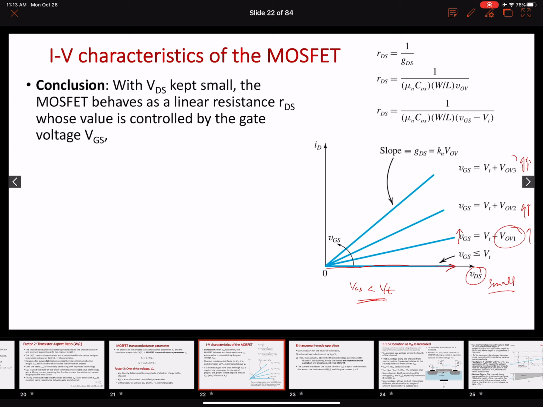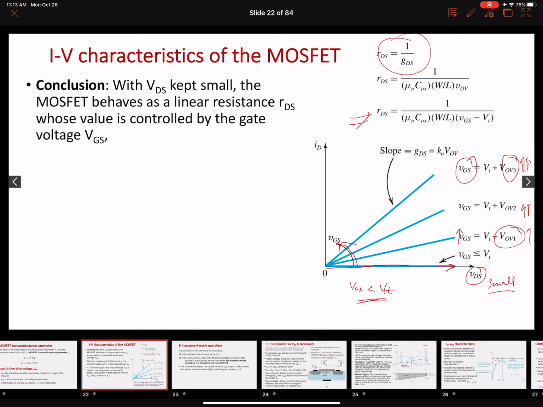Increasing the overdrive voltage will increase the conductance of the channel, or conversely, decrease the resistance of the channel. So your current is increasing like this. This is what happens when the VDS is small.